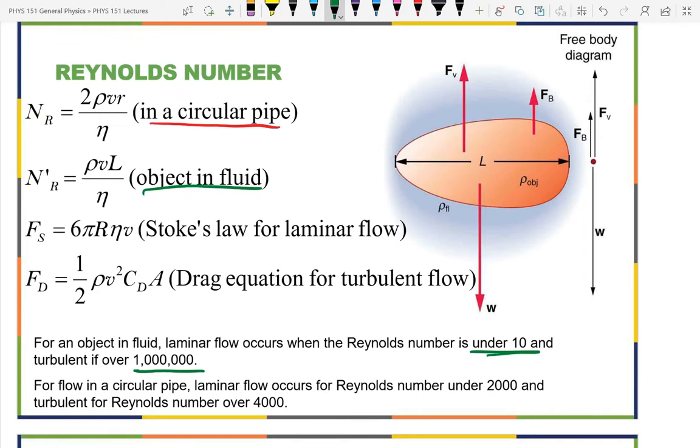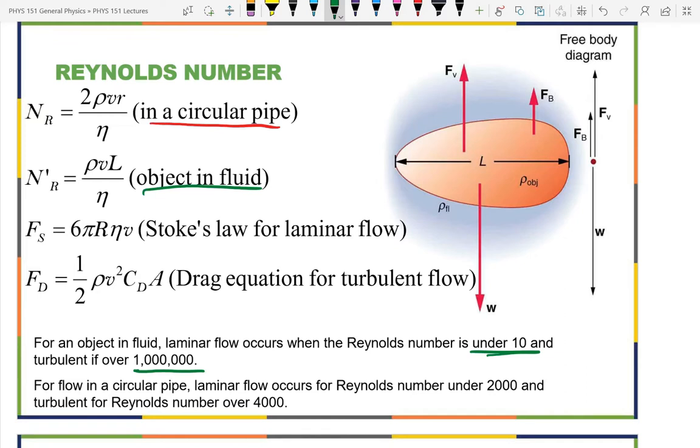So what's the difference in turbulent flow and laminar flow in things we're concerned about? Well, a big one is drag. That is, if we have a car traveling through the air. If we have laminar flow, the air resistance on that car is going to be different than if we have turbulent flow. If it's laminar flow, then we're going to use Stokes' law, and you notice that the force that is opposing motion is proportional to the speed if you have laminar flow.